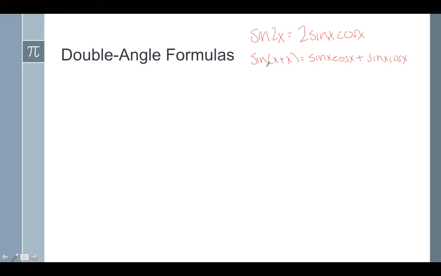The cosine of 2x has a slightly different variation where there's 3 different versions. And that's because the sine squared can change into cosine squared, and the cosine squared can change to sine squared using Pythagorean identities. I'll show you one of those here.